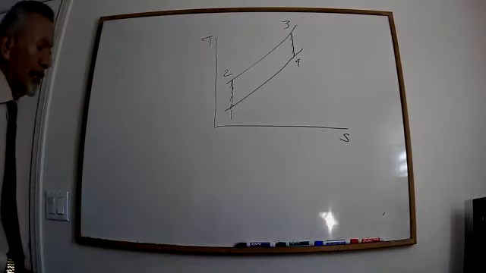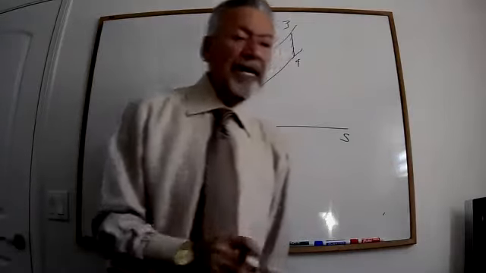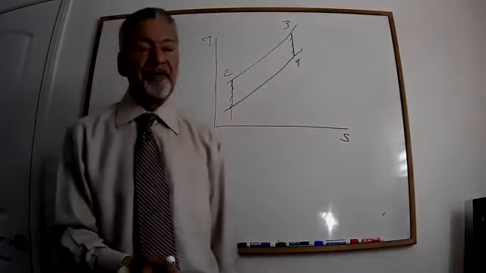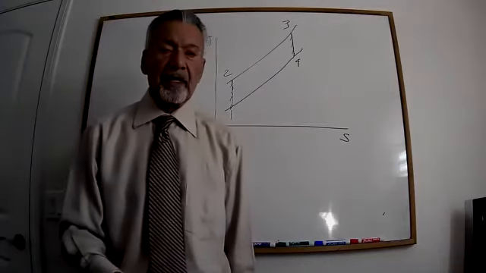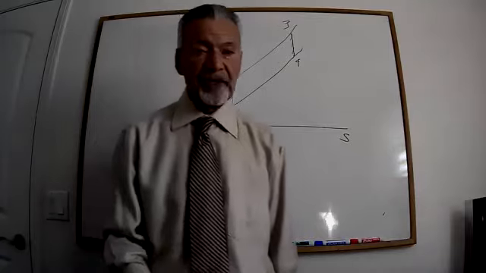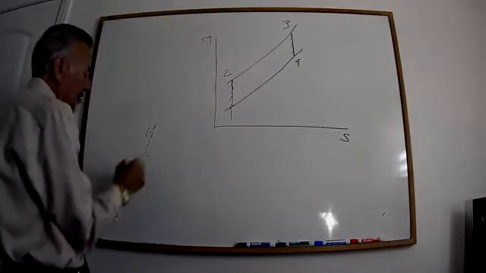Now, one of the things that you need to understand, no mechanical equipment is 100% efficient. Mechanical equipment always have their own efficiency. In our case, we have a compressor.